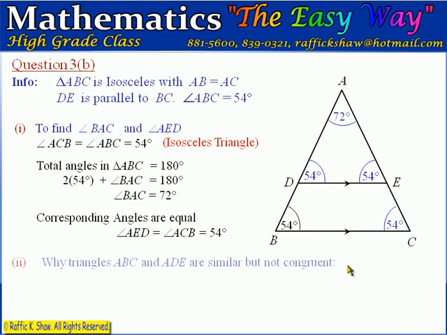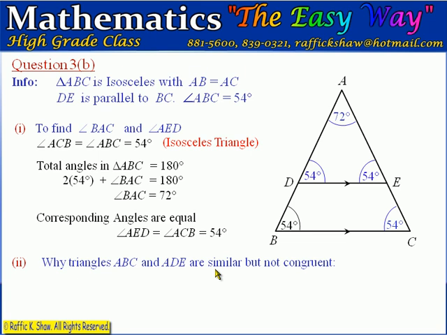Now part 2 is asking us to explain why triangle ABC and ADE are similar but not congruent. Now, congruent triangles are triangles that are equal in every way, equal angles and equal sides, while similar triangles are triangles that have all angles equal but not necessarily all sides equal.